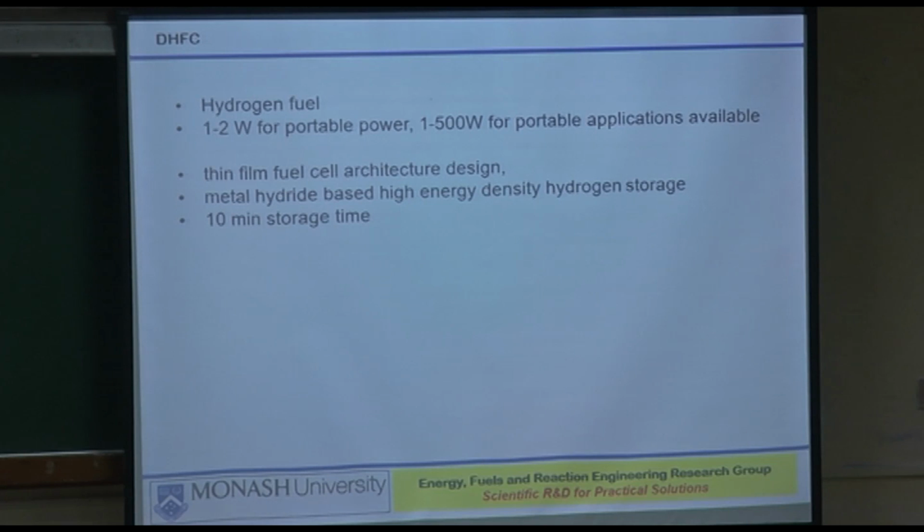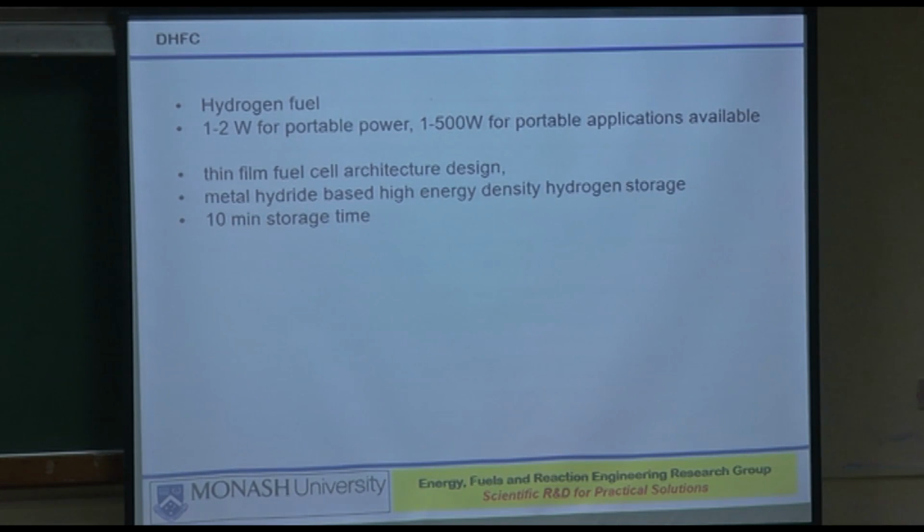See, metal hydride-based high energy density hydrogen storage, you can buy them. So all it needs is a hydrogen production facility, and you are not looking at a million cubic meters per hour. You're looking at a lot less. You have access to natural gas. You have access to a reformer.